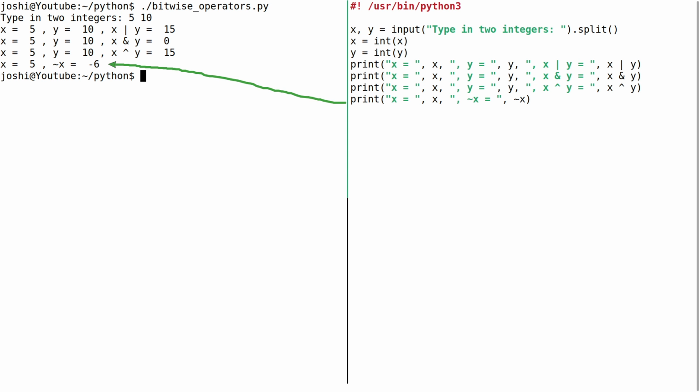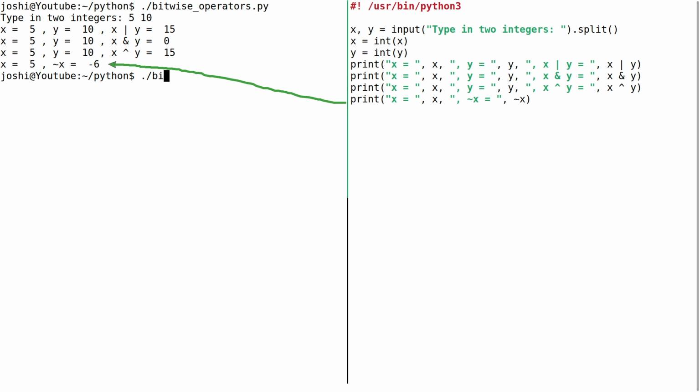So the most significant bit is 0, and its bitwise NOT would be 1. So the number would be treated as negative. And all negative numbers in computers are represented using 2's complement form. What is 2's complement form? Take the 1's complement, that is flip each bit, 0 to 1 and 1 to 0, and add 1.